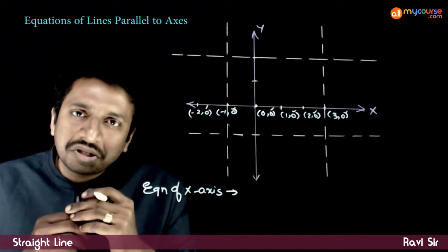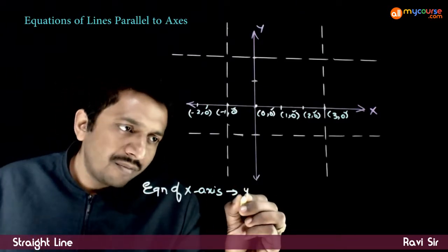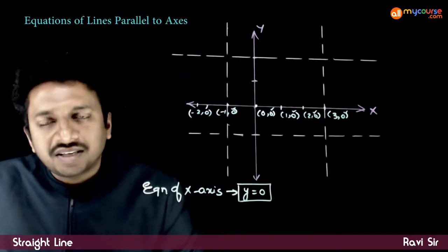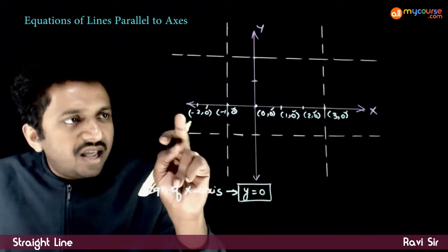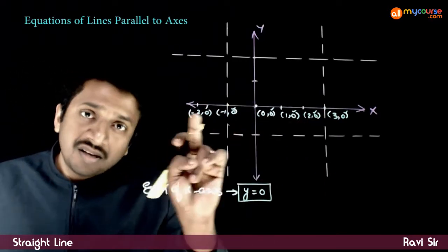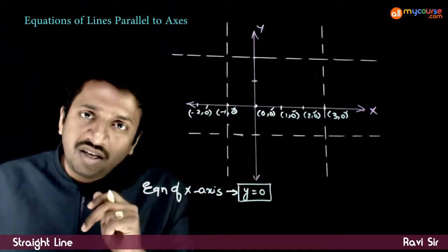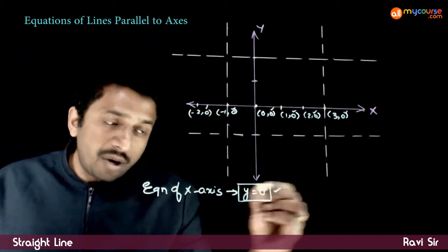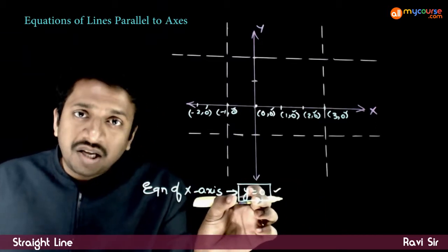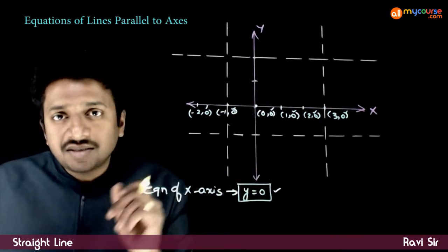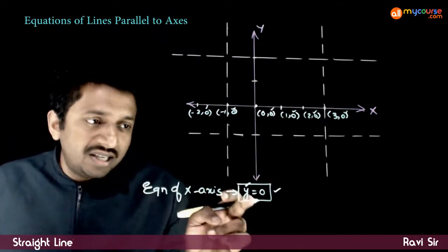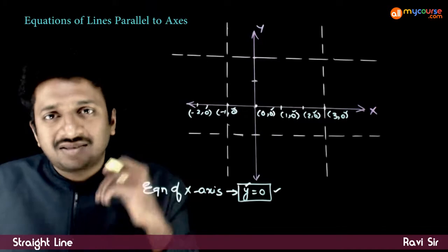So what is the equation of x-axis? It's just y = 0. That is, every point on this straight line satisfies this equation, and it has to work both ways. If any point satisfies y = 0, does it lie on x-axis? Yes, because y is nothing but the distance of the point from x-axis.